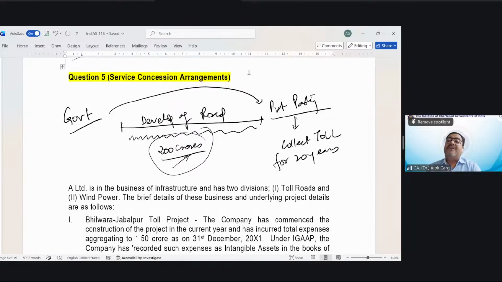The form of consideration number 2: the government says, see, you spend 200 crores. I'm giving you a right to collect toll for 20 years, but I am giving you a guarantee of 1 lakh rupee every day.